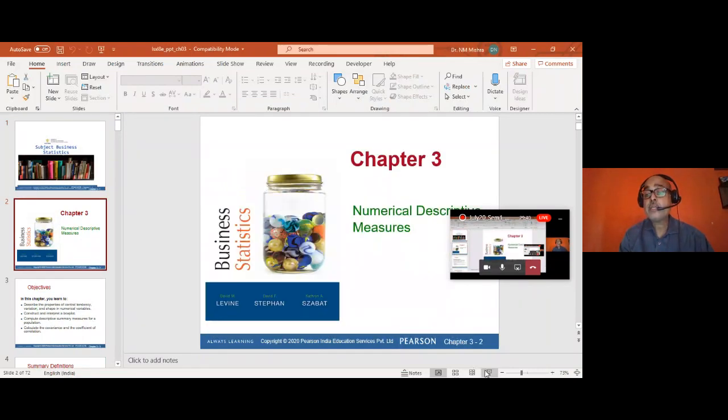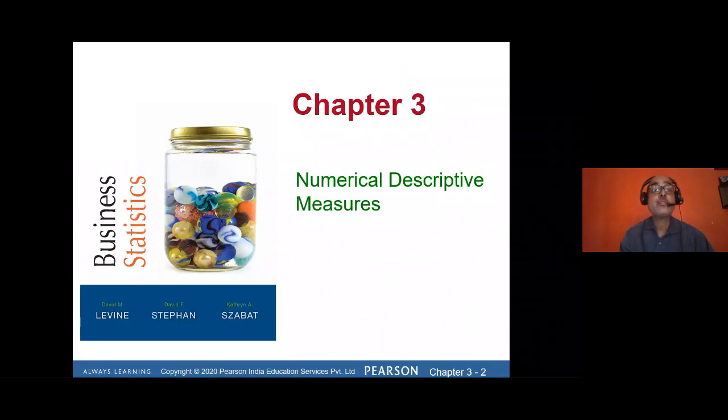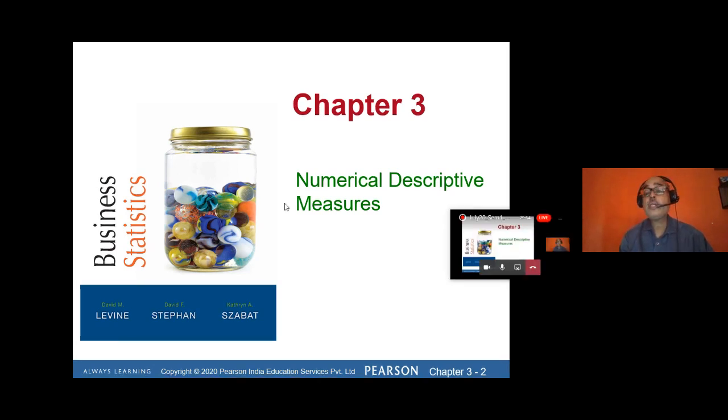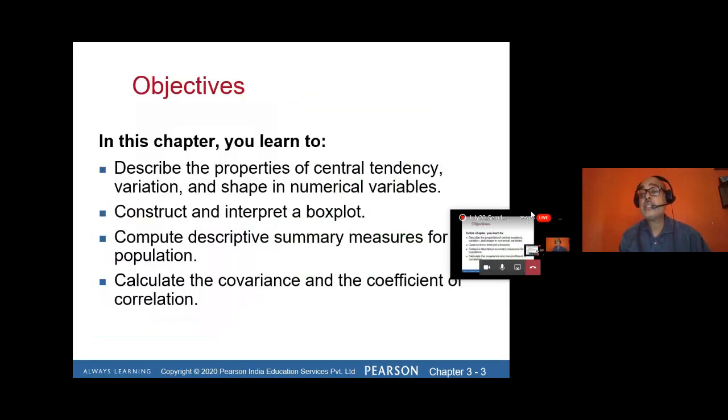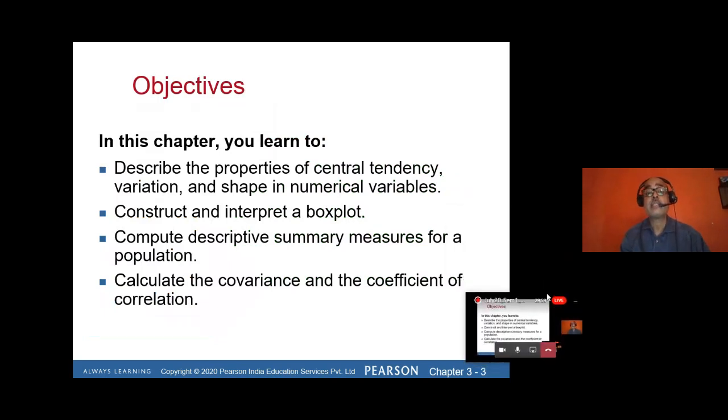Today you are going to learn the numerical and descriptive measures. I'm just going to expand these slides a little bit so that you can see in a bigger size. Here in this chapter, session 3, we are going to start session 3.